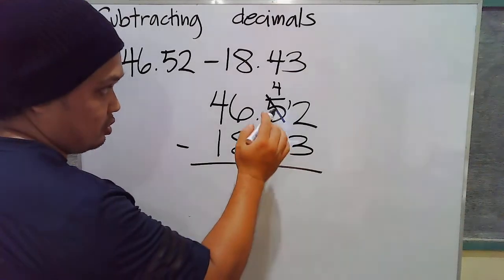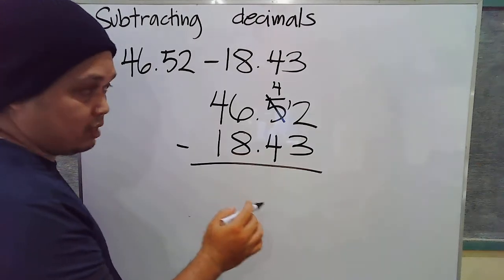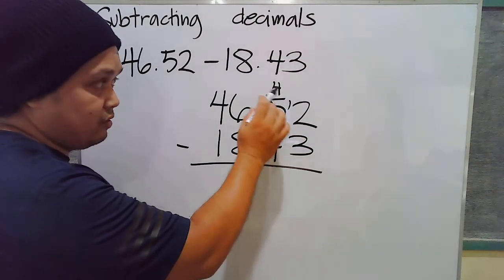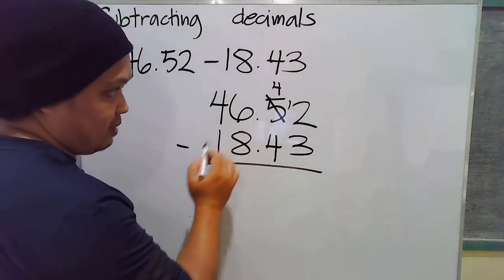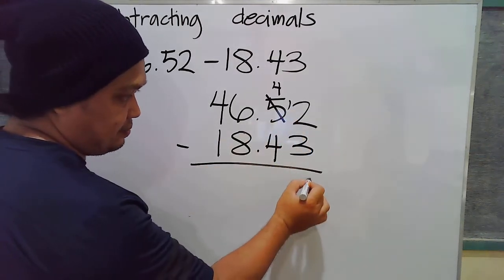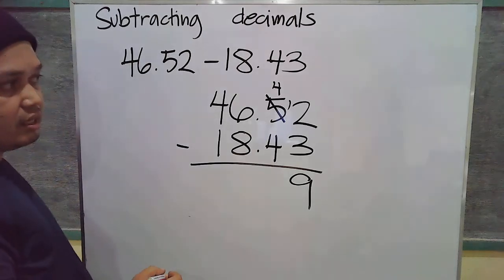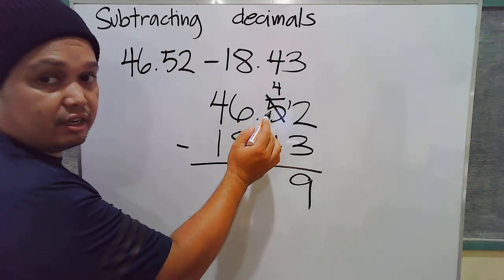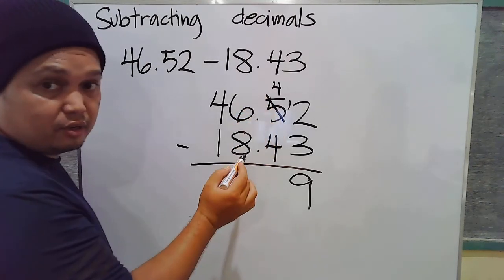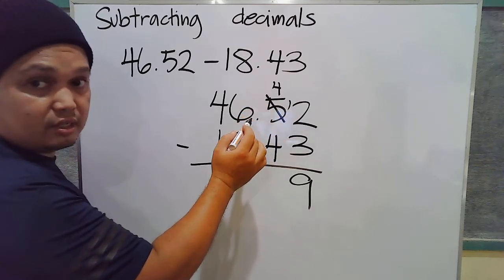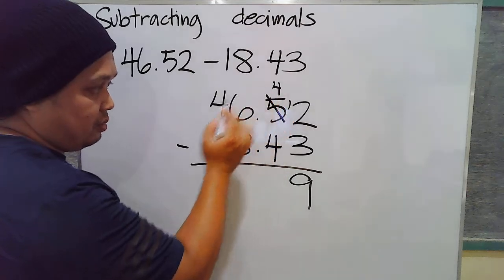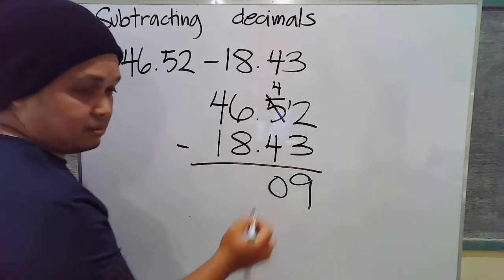Now 2 here is no longer 2 but 12 because we have borrowed 1 from 5. We can now subtract 12 minus 3, that's 9. Now 5 here is no longer 5 but 4 because 2 borrowed 1 from it. Now 4 minus 4 is 0.